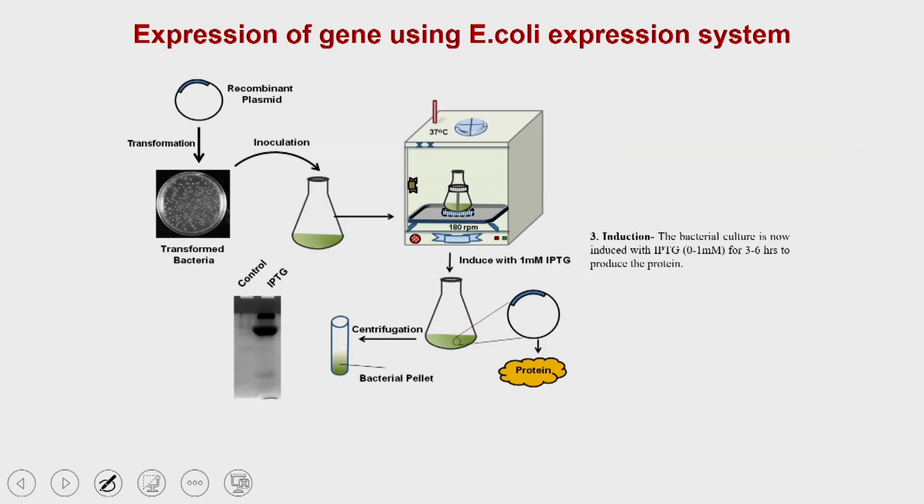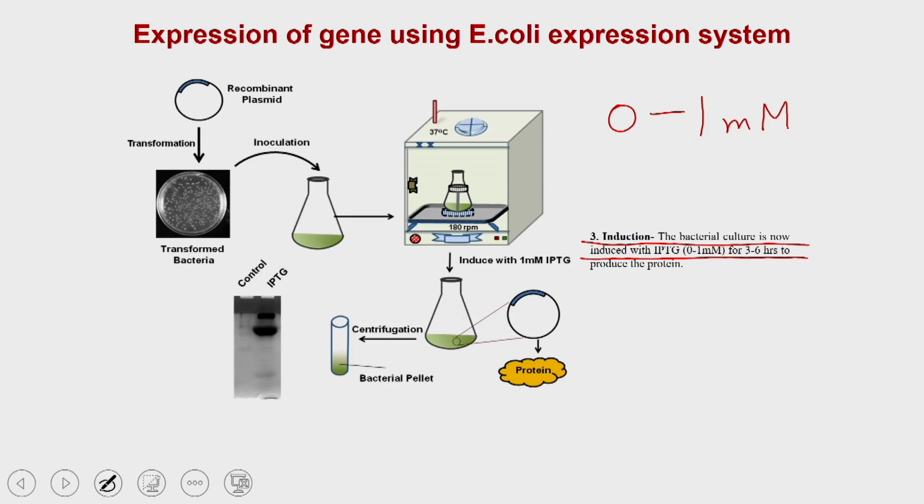Now, in the third step you will do the induction. You take out the bacterial culture and add IPTG, mostly people use 0 to 1 millimolar IPTG, and then you put it back into the incubator at 37 degrees with 180 RPM.